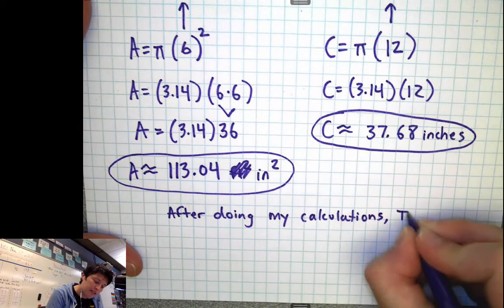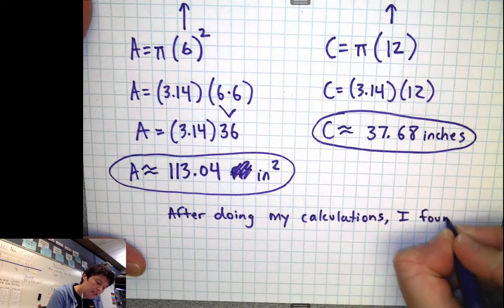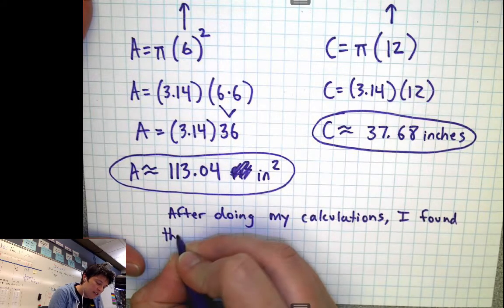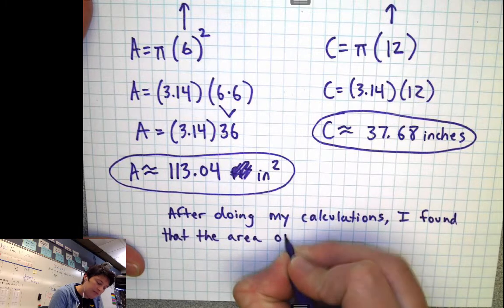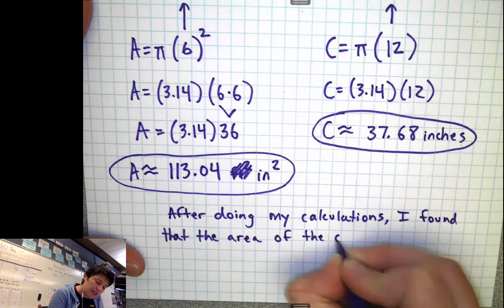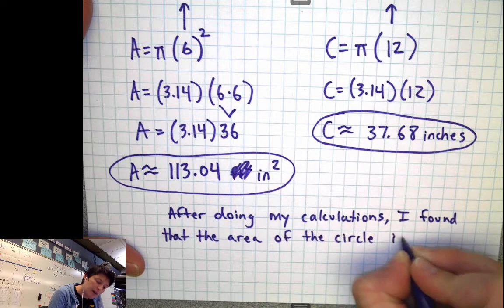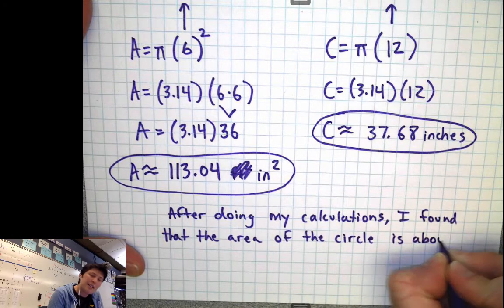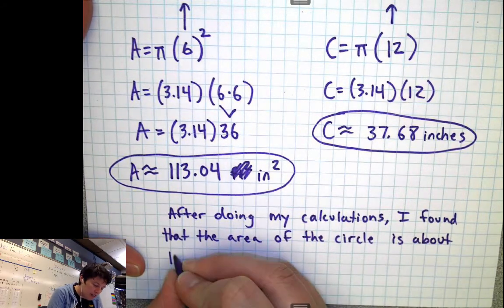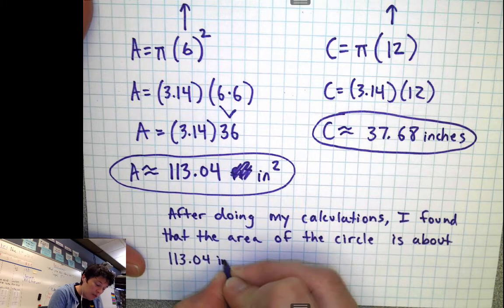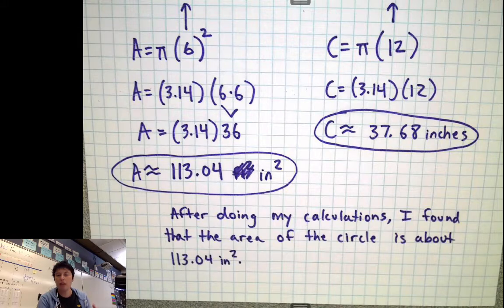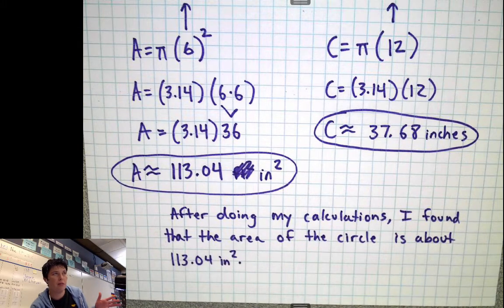I found that the area of the circle is about 113.04 inches squared.